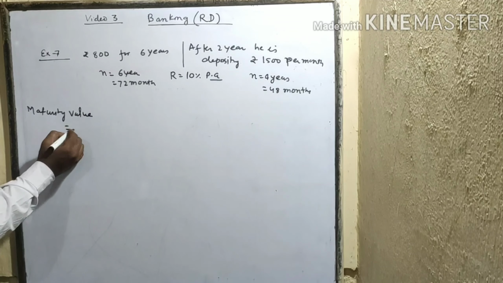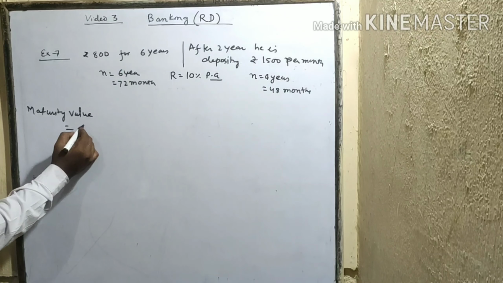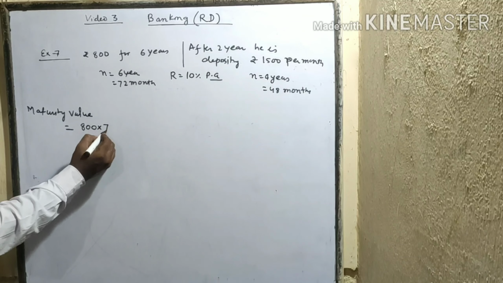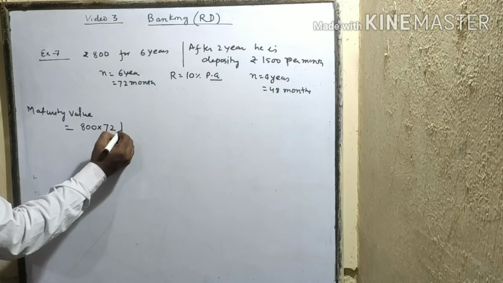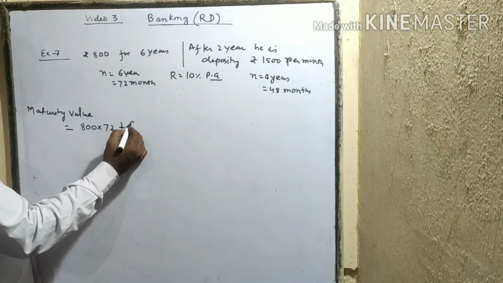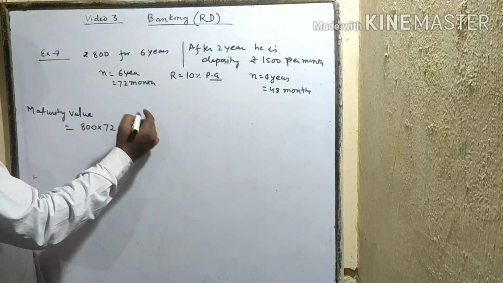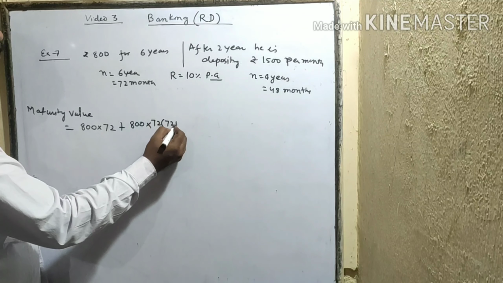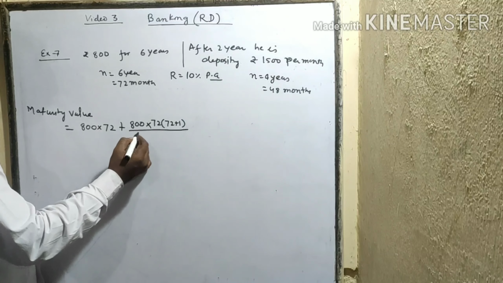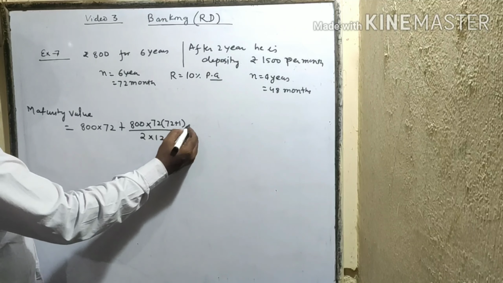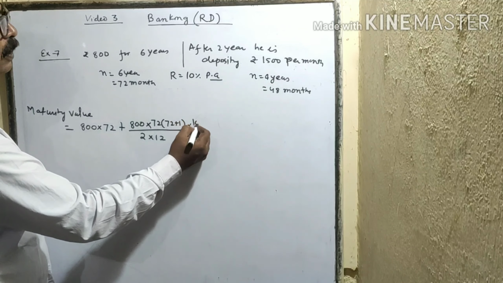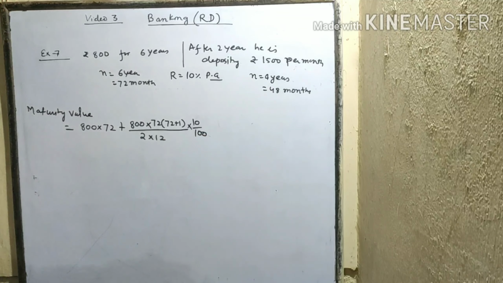Maturity value will be equal to money deposited, so money deposited will be 800 into 72 plus interest on it. So interest is principal into n into (n plus 1) by 2 into 12 into rate of interest, given 10 by 100.